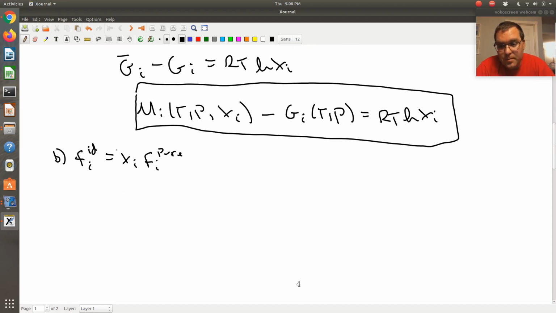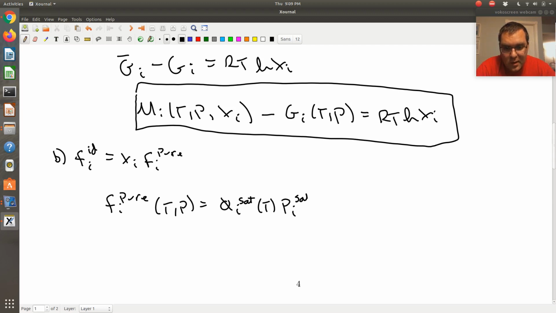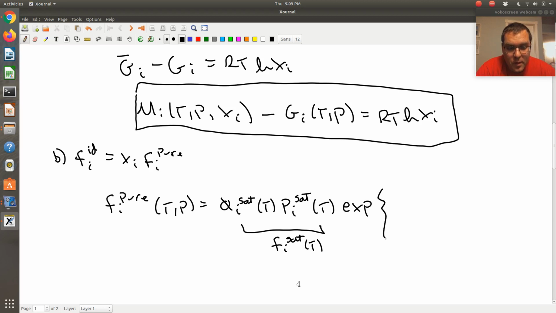where f_i pure, okay, well, that's going to be f_i pure at the given temperature and pressure, which would be equal to phi_i sat at T, P_i sat at T, okay, remember this is nothing more than f_i sat at T, the fugacity of pure component i, times my Poynting correction, the integral of V over RT dP from P sat to P, okay.